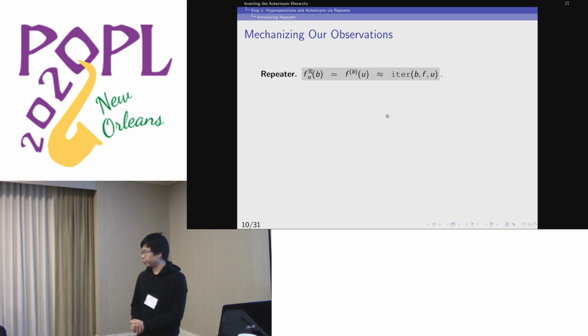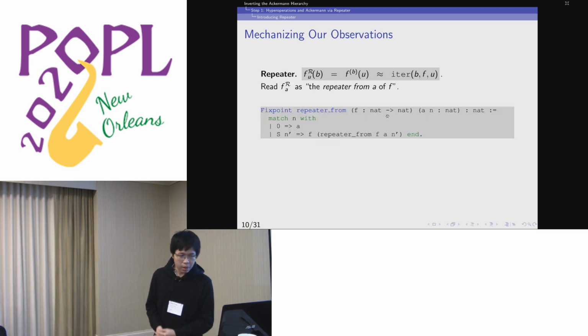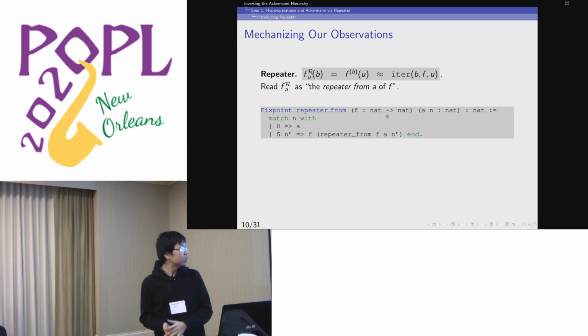And those of you who are familiar with iter in many languages, Coq included, have already realized what's going on here. So we call this repeater, but they are the same thing as iter. But by calling this repeater and using this notation, we emphasize that f is the main object here, the function that we want to build the next function upon, rather than the b, which is written in the syntax for iter.